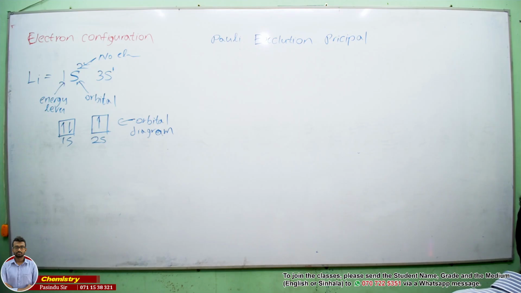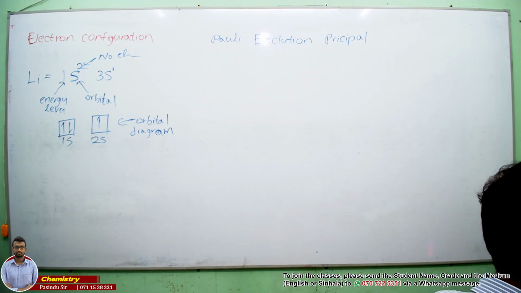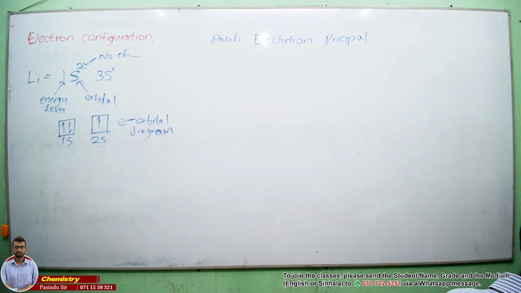Next point. Electrons in one orbital can have two ms values.